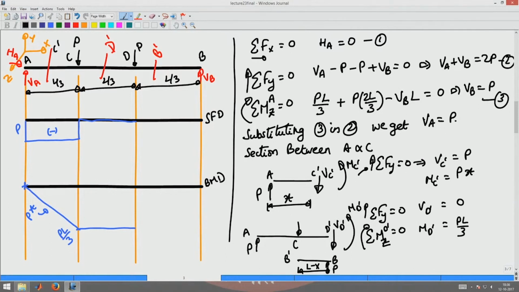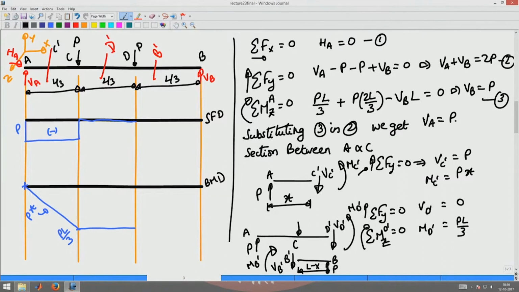This you can see is a mirror image of the A C prime cross section. So, I will have a shear force at B B prime acting vertically down and a clockwise moment M B prime acting there.